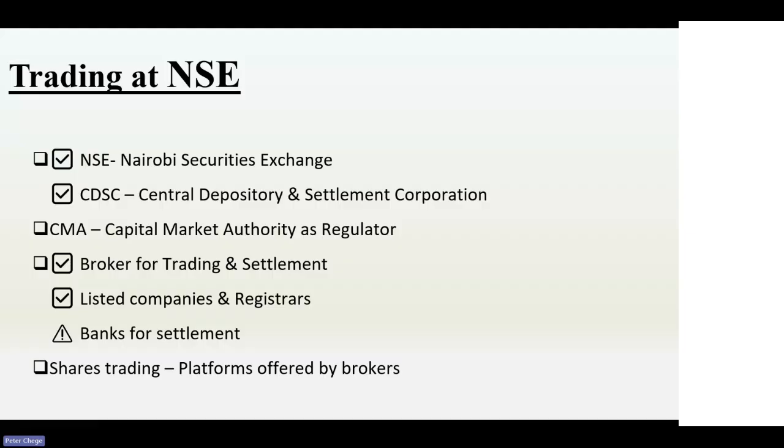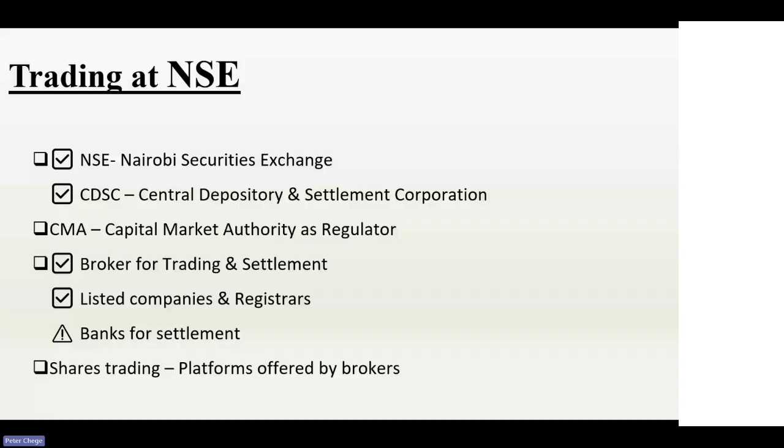CDSE, they hold your shares. NSE, they only provide the trading platform. You don't need to worry about NSE and broker. If NSE is going down, it means there is no trading. So CMA, CDSE, NSE are the only parties you need to be worried about. Broker and settlement bank, don't be worried. Your shares at CDSE are just a simple move.